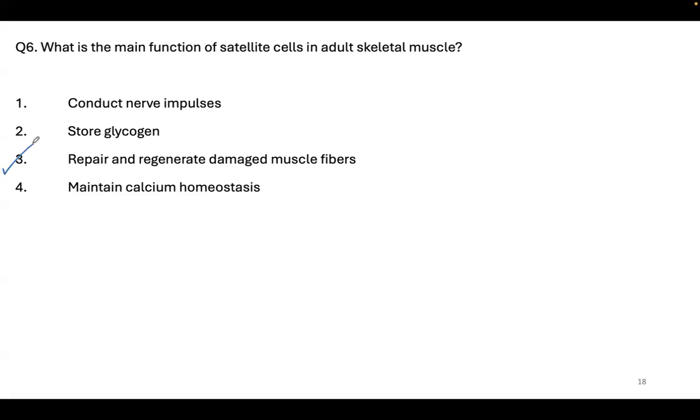It's not a perfect thing. You can hear about scar tissue, especially in cardiac muscles, because it's not a perfect process. But yes, the stem cells are there for when there is a need, so things can be repaired.